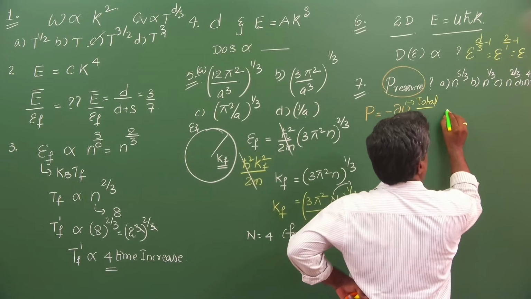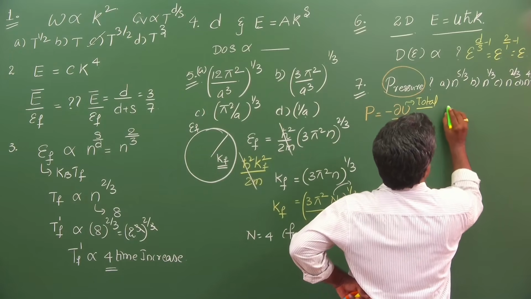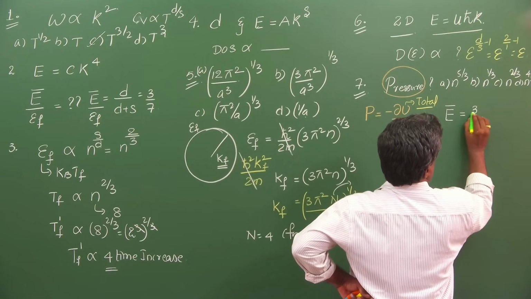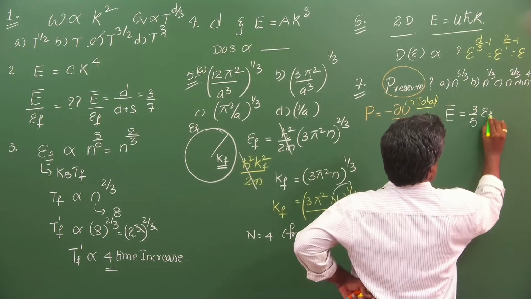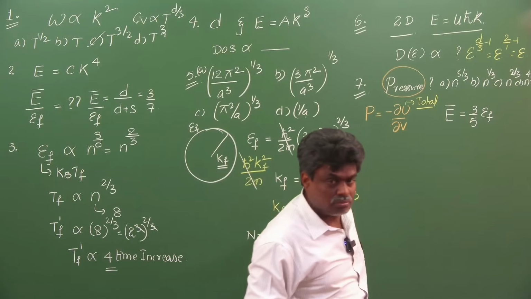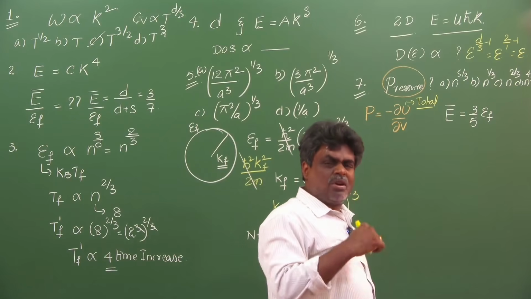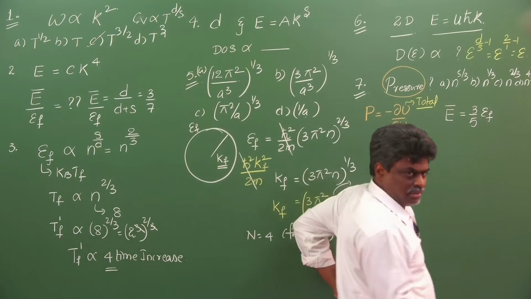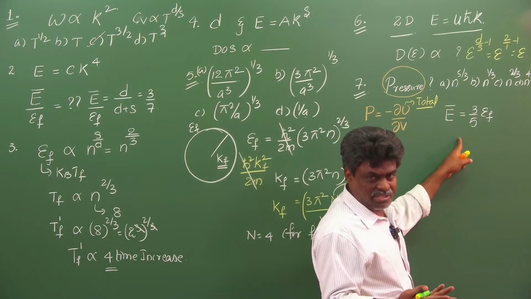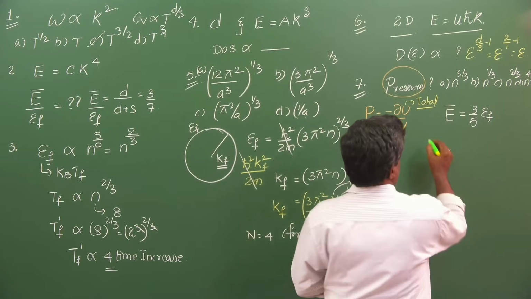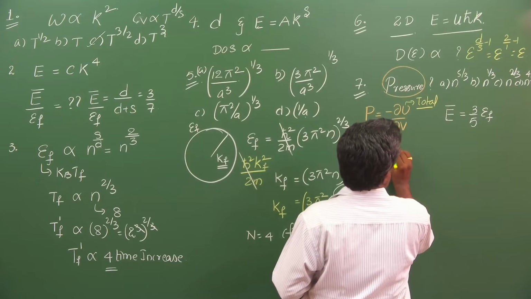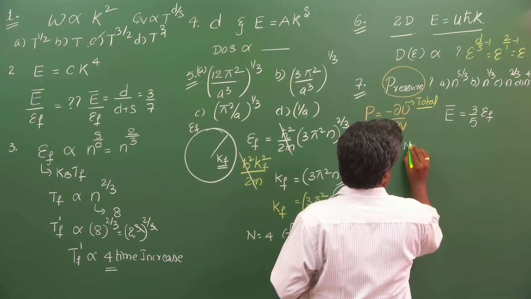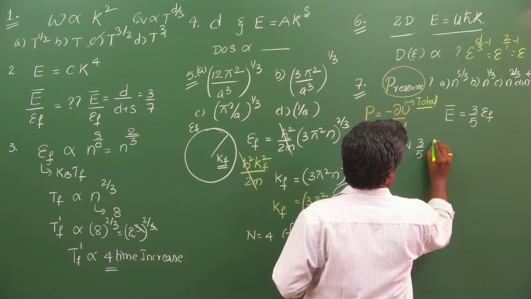We know the average energy, which is 3 by 5 EF. But I want the total, so multiply with N. That is the average energy for one particle, so total energy is N times that. U equal to N into 3 by 5 EF.